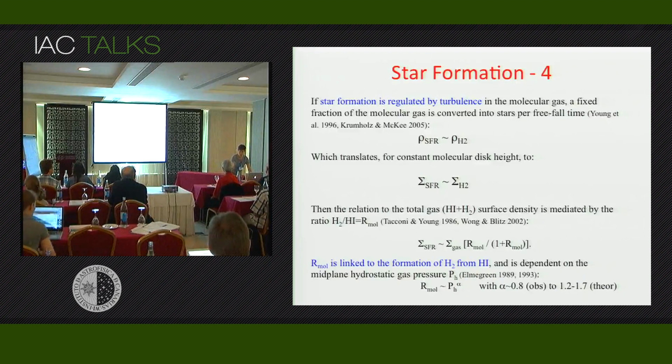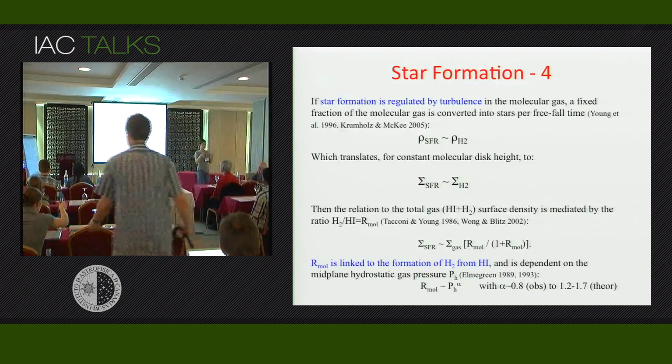Because at that point, Tacconi, Young, and Wong and Blitz wanted to relate what they were finding, this linear relation, to the non-linear relation that Rob Kennicutt was finding by including both HI and H2. And so they added this parameter that you can relate.